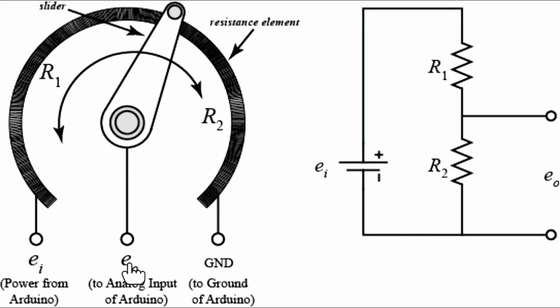What output voltage will it give? As I have told you, the input that we are giving over here is 5 volt. What output will it give? That will be decided by this slider. The position of the slider will give us the output voltage. This slider is movable.